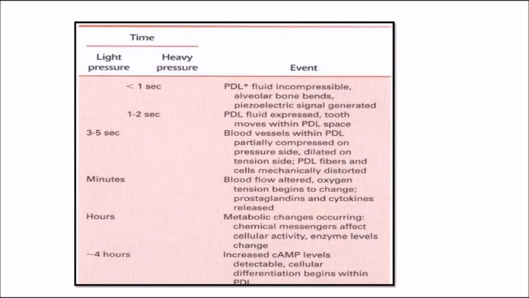Now within a few hours, metabolic changes will occur, and the chemical messengers, the prostaglandins and cytokines that have been released, will cause changes in cellular activity, and enzyme levels also change.